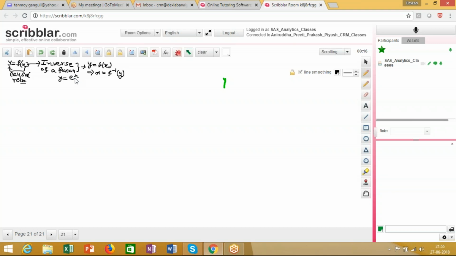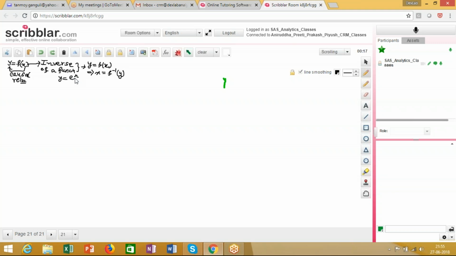So when y is equal to f(x), that is, when y is the dependent variable and x is the independent variable, and corresponding to each value of x we get a unique value of y, what we want to understand is, given that y is a function, the inverse of the function would tell me what would have been the value of x corresponding to a given value of y.